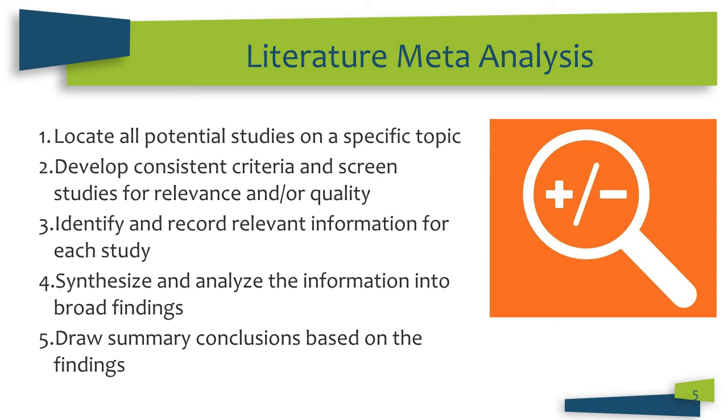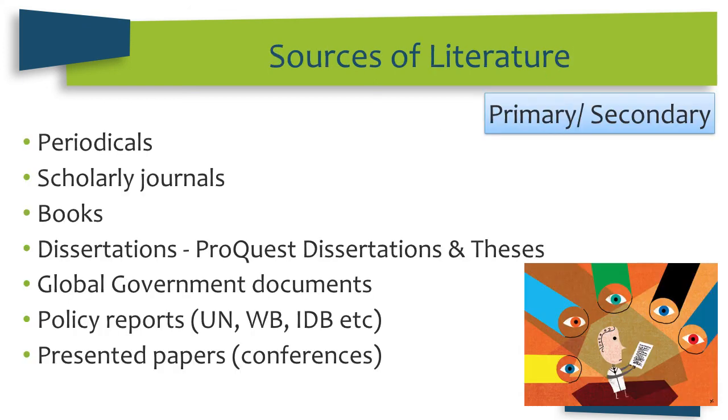Okay, so before moving on to systematic review, let's look at what sources you have for literature. First of all, you need to understand that we use these terms called primary literature review and secondary literature review, or primary sources and secondary sources. The idea of primary source is that you yourself have researched that source and you have drawn some conclusions or findings and you are presenting them.